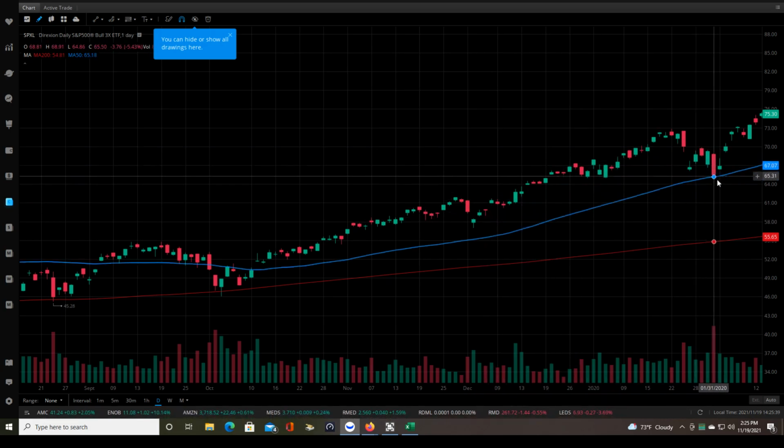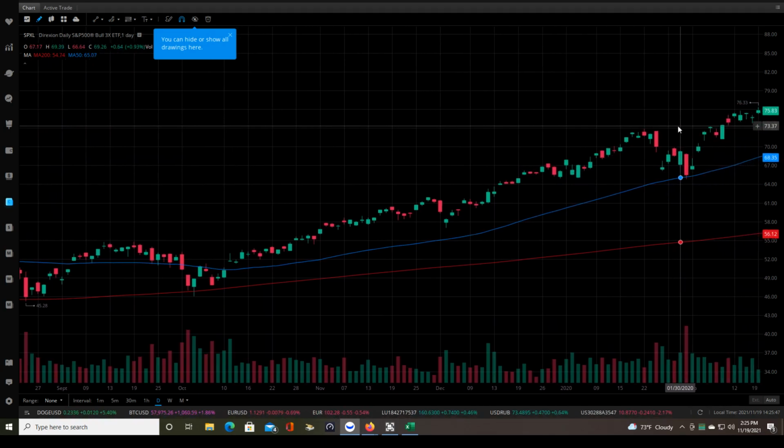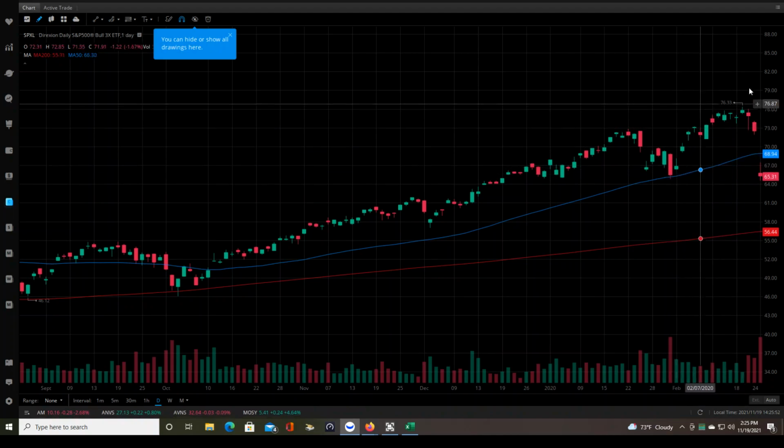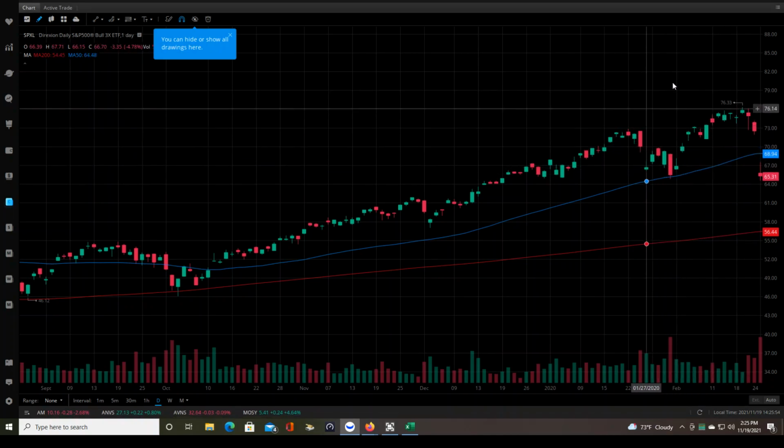And then it comes down and bounces and you think, well, this thing's so strong, it's got to keep going up, and you add more here at 65, so maybe now your average is about 60, and the price continues, goes all the way up to 76. That's a $16 difference per share, which is really nice, but then what happens?